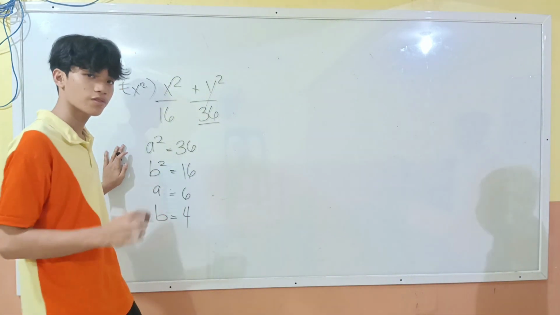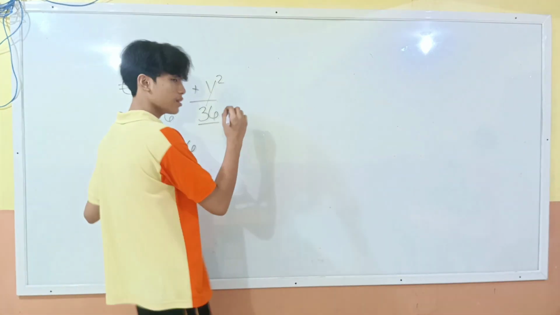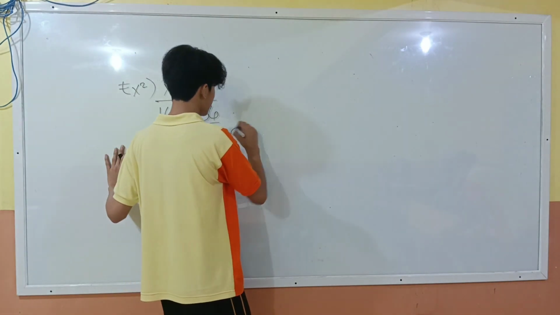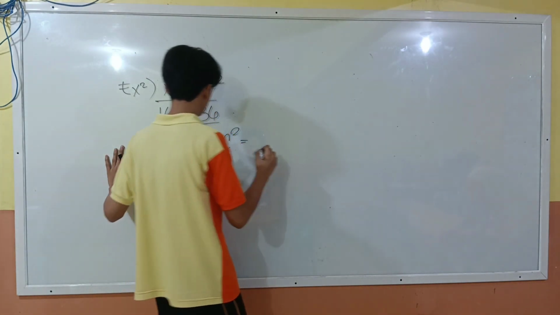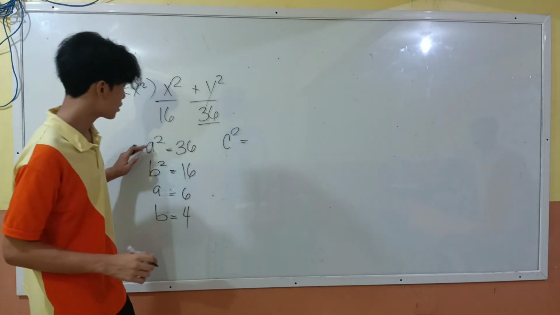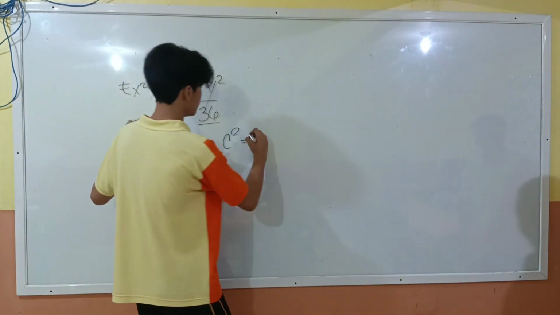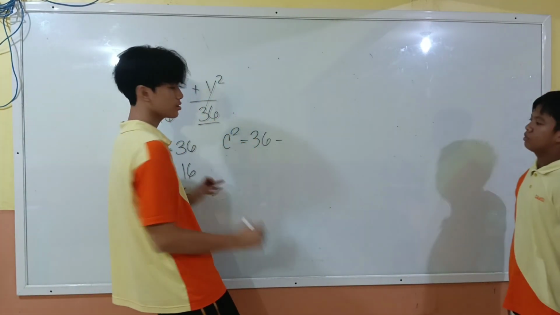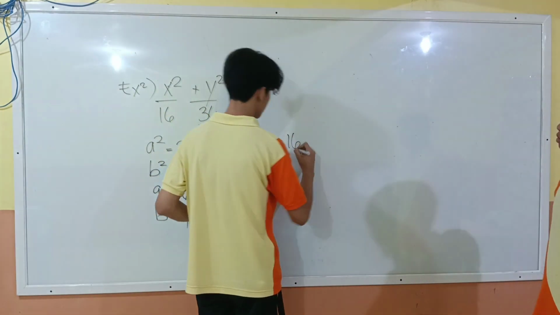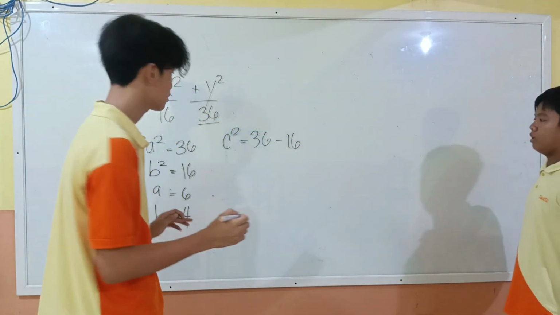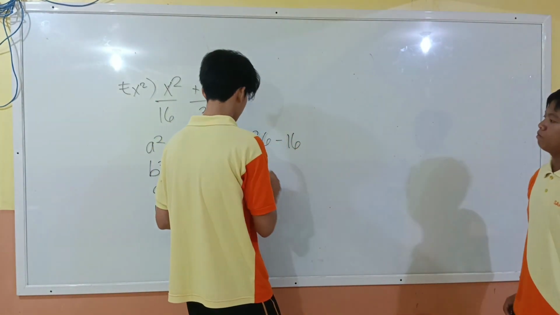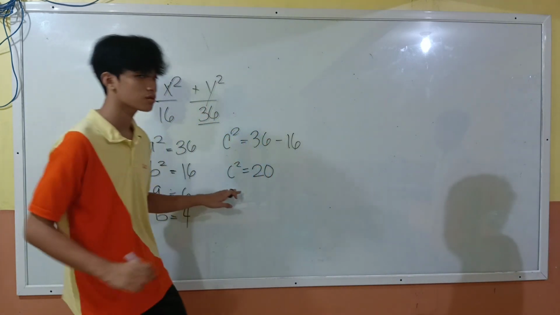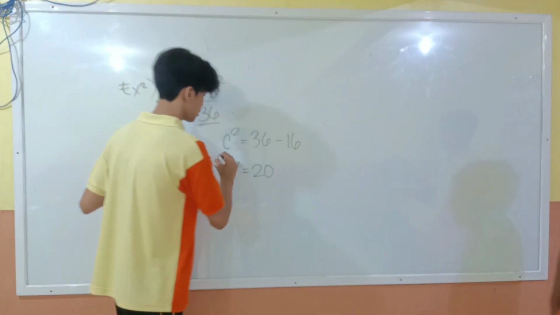So now we got our values. We will compute for our foci. Again, the formula we use to get the foci is c squared is equal to a squared minus b squared. So 36 minus b squared, 16. 36 minus 16 is 20. And then c squared, we need to square root both sides.